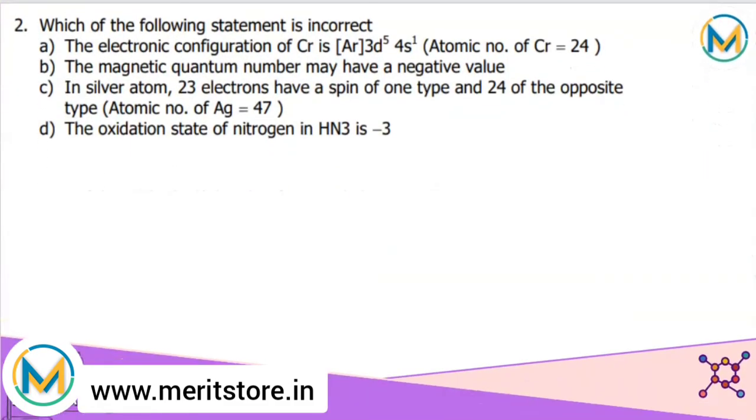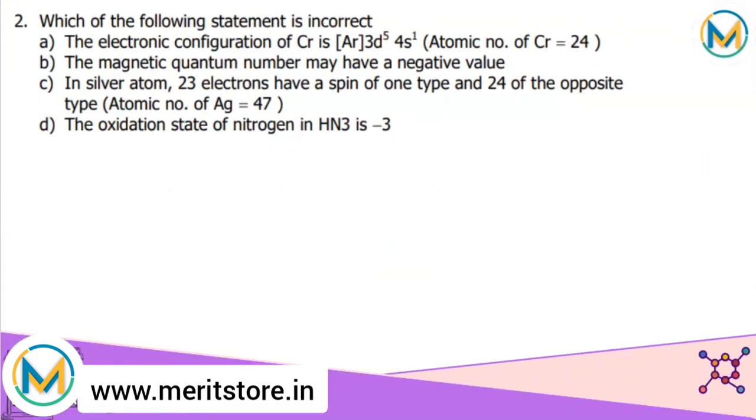Looking towards the next question. Which of the following statements is incorrect? First, the electronic configuration of chromium is argon 3d5 4s1. Atomic number of chromium is 24. So your electronic configuration of chromium is absolutely correct, and both 3d and 4s orbitals are half filled. This leads to extra stability.